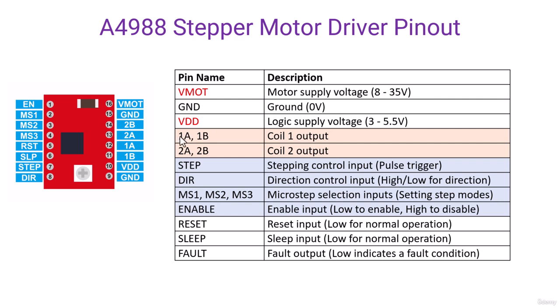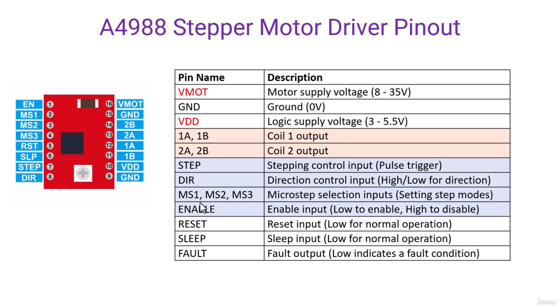For connecting the stepper motor with this motor driver, we have 4 dedicated pins, 1A, 1B, 2A, 2B. These pins should be connected to your stepper motor. 1A, 1B should be connected to coil 1, and 2A, 2B should be connected to coil 2. Now comes the control related pins like step, direction, microstep, and enable.